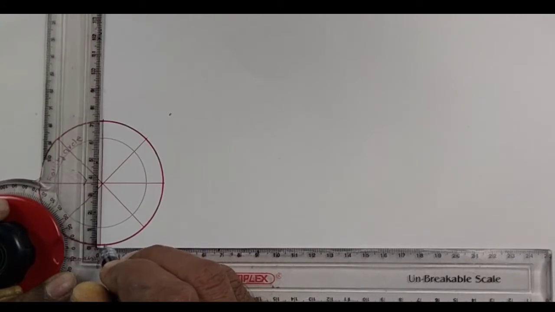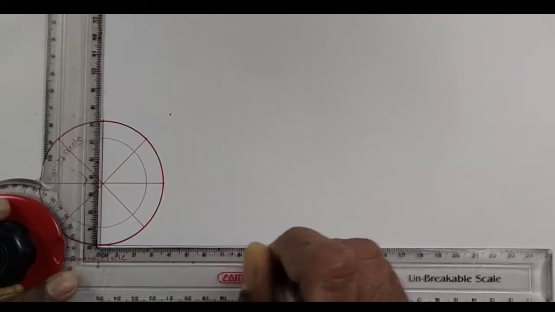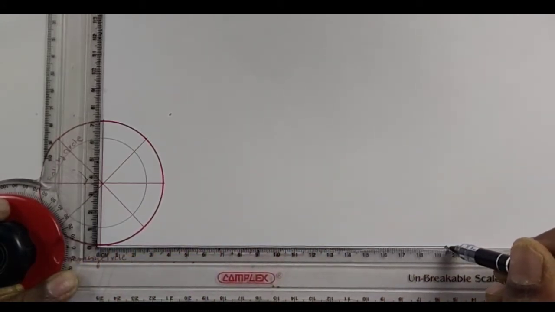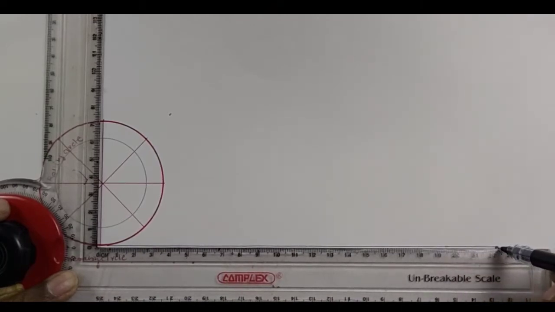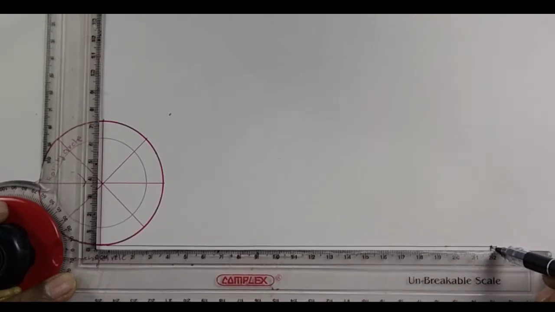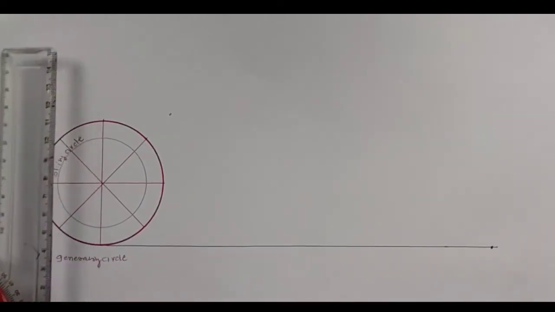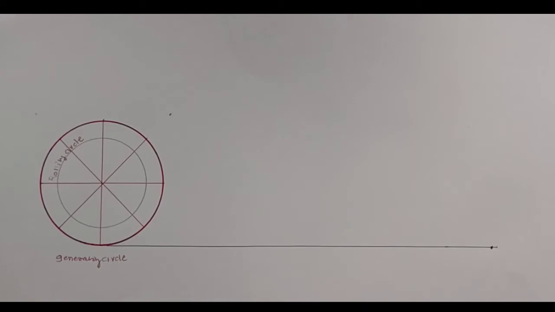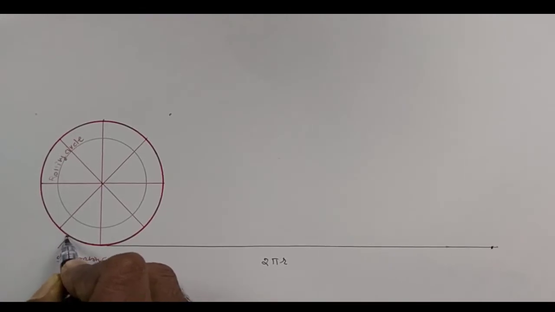So here the total distance traveled by the rolling circle, according to our formula, becomes 219.8 mm. That is what we call 2 pi r, and we substitute the radius of the generating circle. This is our generating circle.